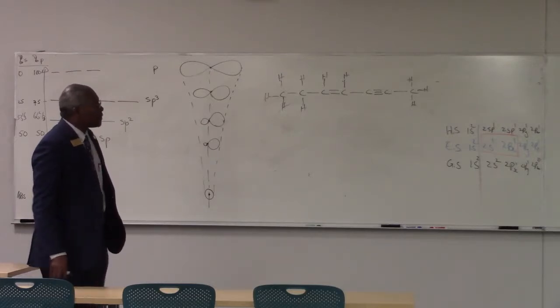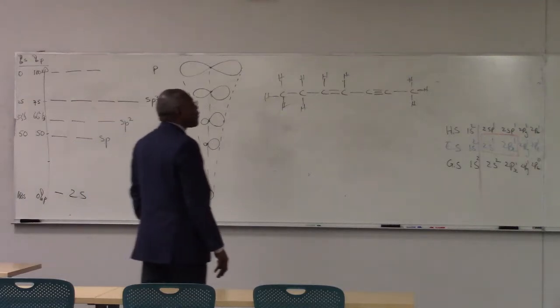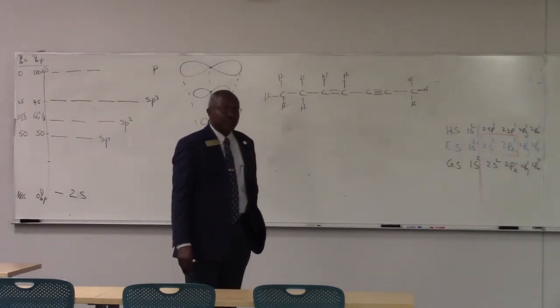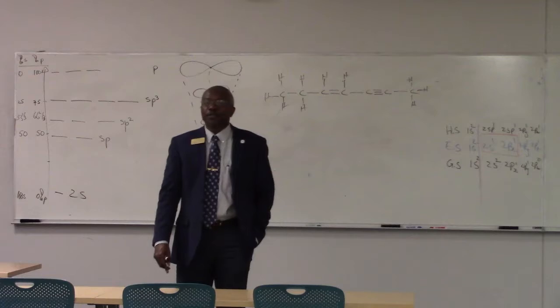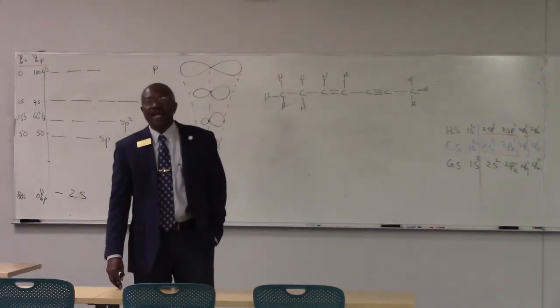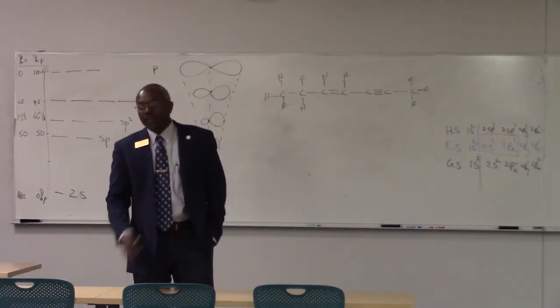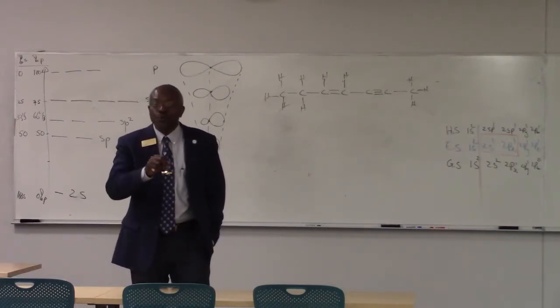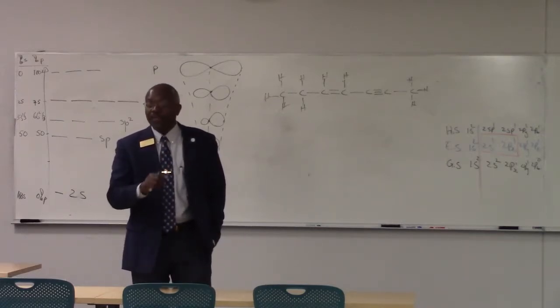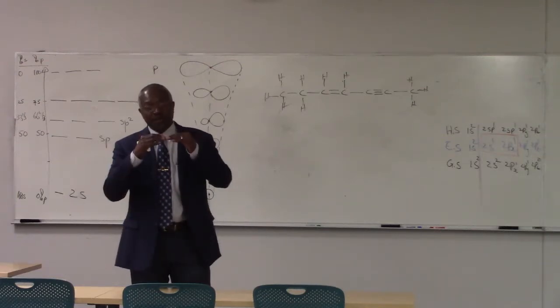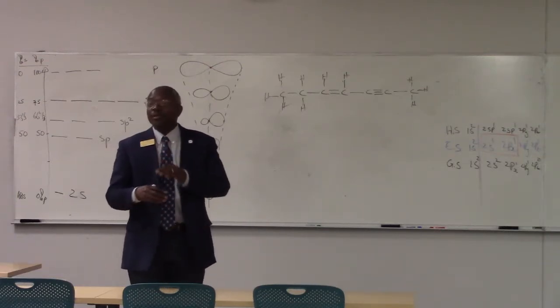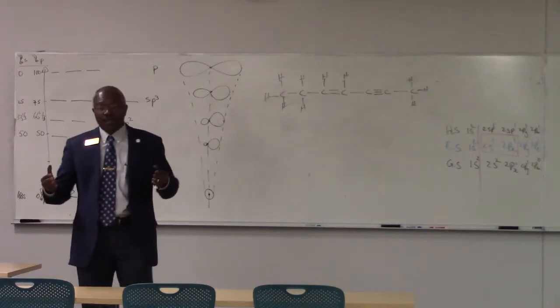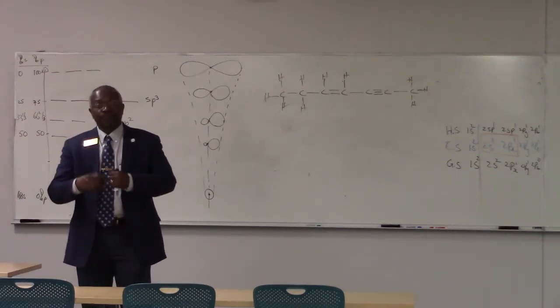I know that all pi bonds require pp side-on overlap. All pi bonds are specific in terms of who overlaps, they must be p, and how they overlap, must be side-on. Contrast that with sigma, who doesn't care who you are, as long as you overlap end-on.